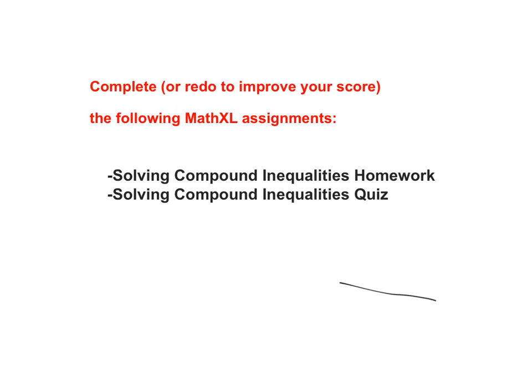Some of us have not completed those compound inequality assignments, or now that you've gone through the review, go back and redo to improve the score. Even if you've already done your 2 attempts, I've opened it up so that you can have multiple attempts. I want you to try to practice those and get the best score that you can get.